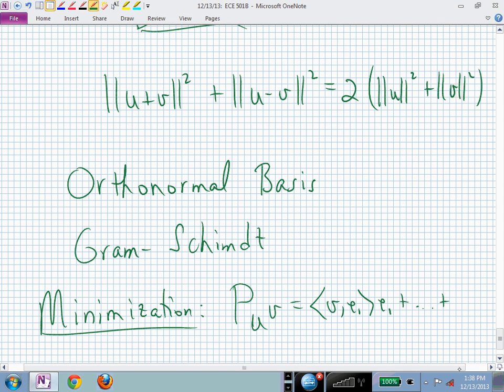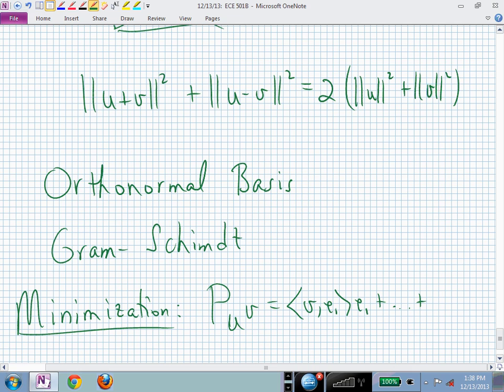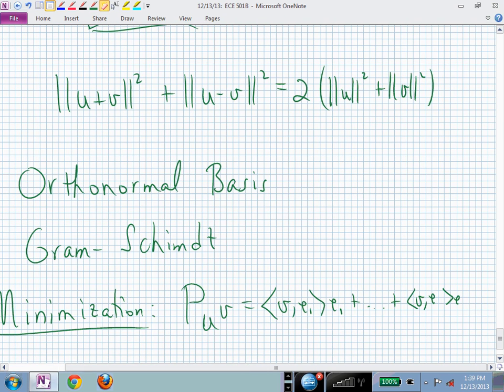And each of those scalings or inner products are weighting that particular direction in this subspace U. So this might be the inner product of v with e sub m, times e sub m. Boy, that's pretty poorly written m, so let me try to correct that. Not much better.